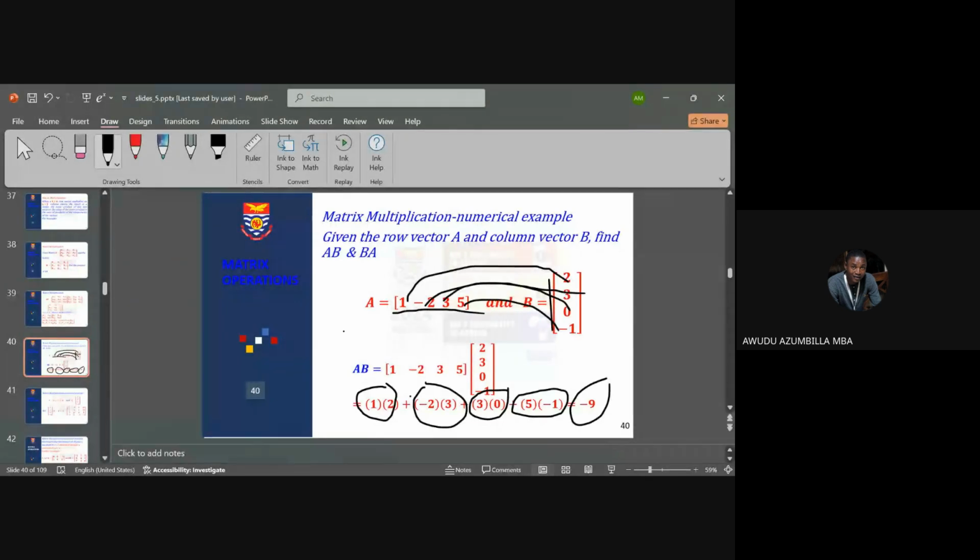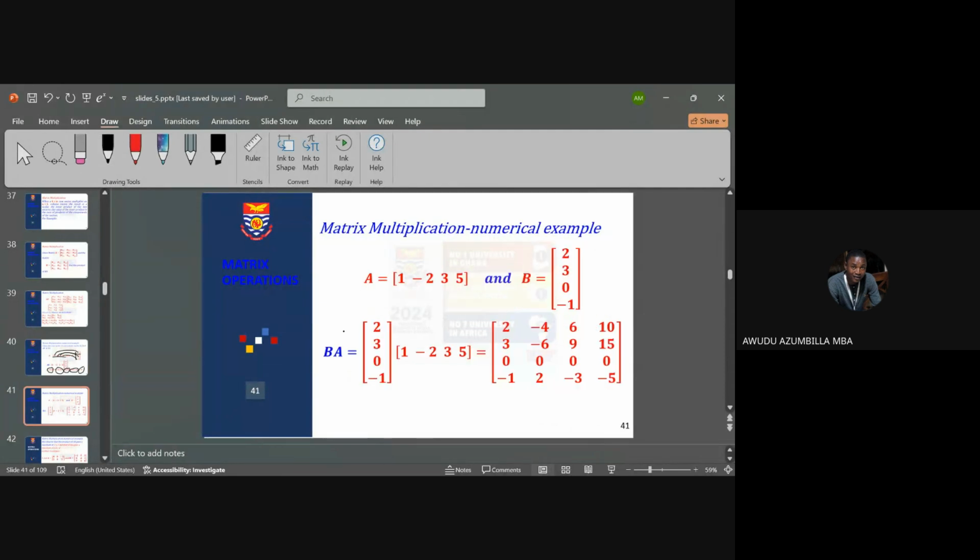But the dynamics will change if we move on to further matrices. So here, if we are going to multiply this, we have one row, one column.